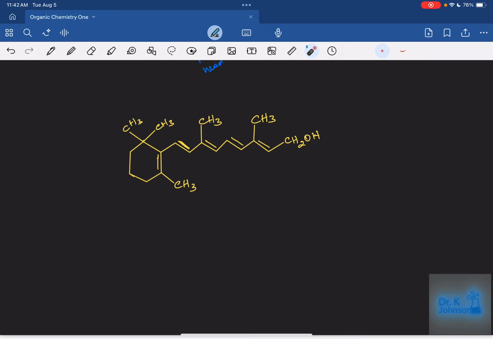The first thing you need to do is go through and find your isoprene units and then look to see if they're cross-linked head to tail, because sometimes you get molecules that have isoprene units, but they are not connected head to tail or tail to head. Any connection between two or more isoprene units that is not head to tail or tail to head, you do not have a terpene.